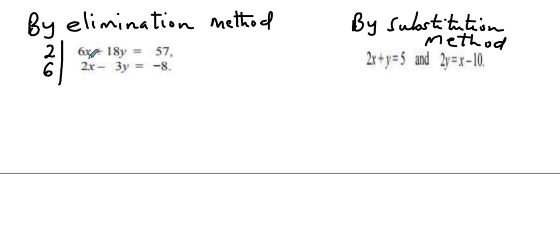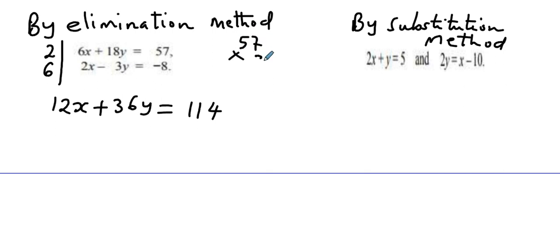So this will be 2 times 6x, this will be 12x. 2 times 18, this will be 36y. 2 times 57 will be 114, is it? 57 times 2, 14, 10, 11, so we are correct.